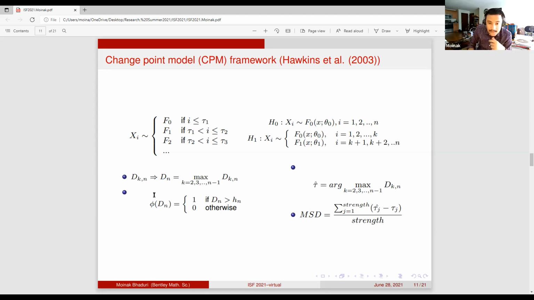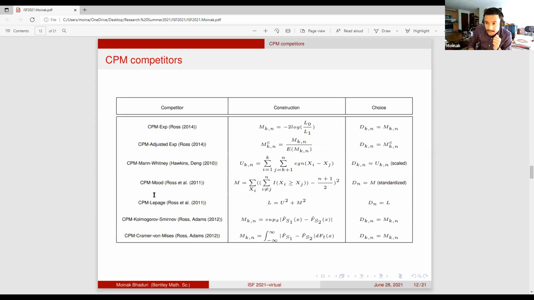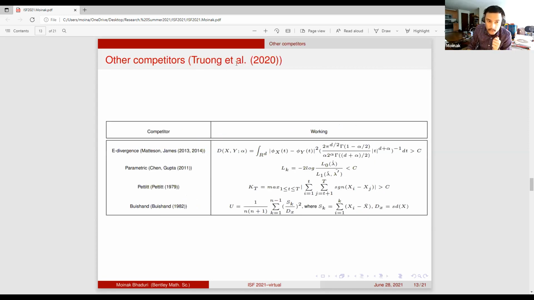And there are different ways of choosing these 2-sample statistics. In the interest of time, I won't go into details, but I will point you to a beautifully written review article by Truong, where every choice is explained along with the logic behind it.